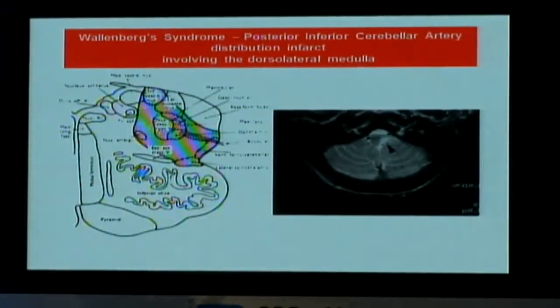So Wallenberg syndrome, it's a stroke in the distribution of PICA, posterior inferior cerebellar artery. It's a branch of the vertebral artery. It involves the dorsal lateral medulla, probably all remember that, and the caudal vestibular nuclei are involved. The caudal vestibular nuclei carry otolith signals.